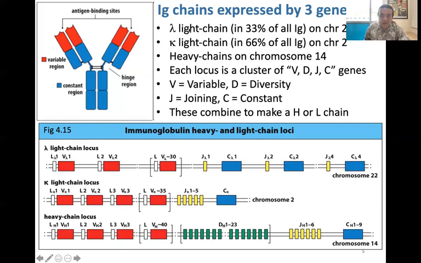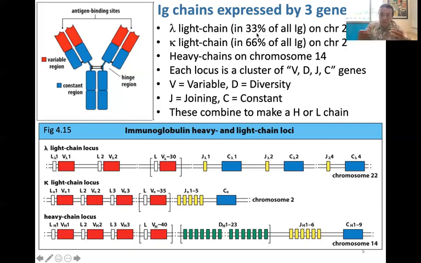So these lambda versus kappa light chains are somewhat interchangeable. In other words, if you were to look at one immunoglobulin molecule that you've isolated and you're studying it, it would either have a pair of lambda chains or a pair of kappa chains.